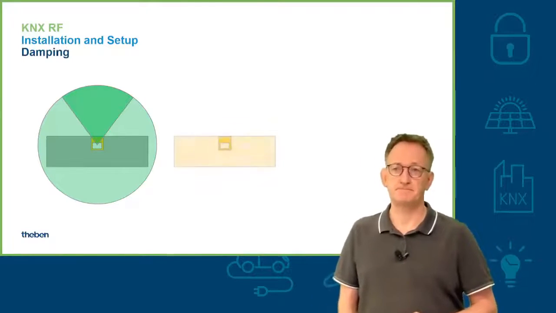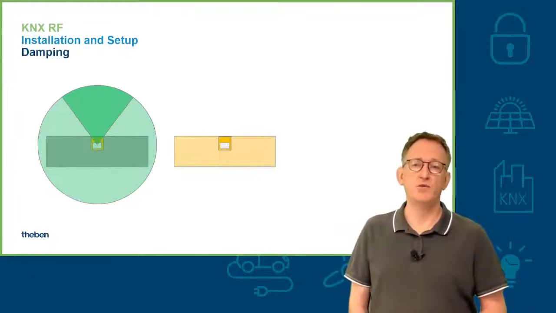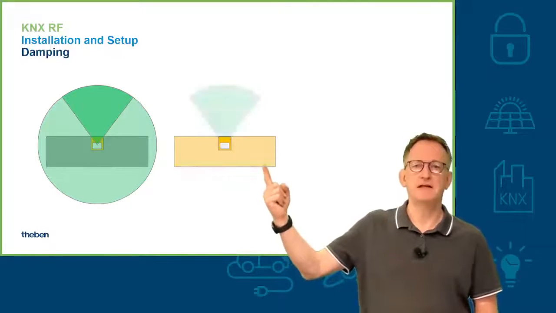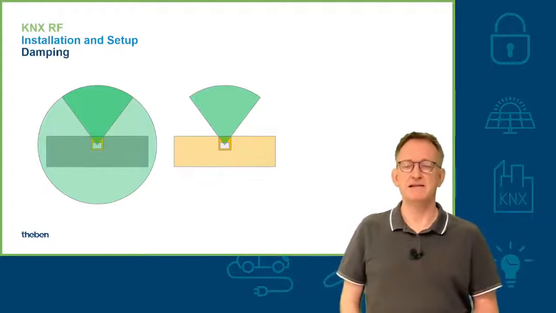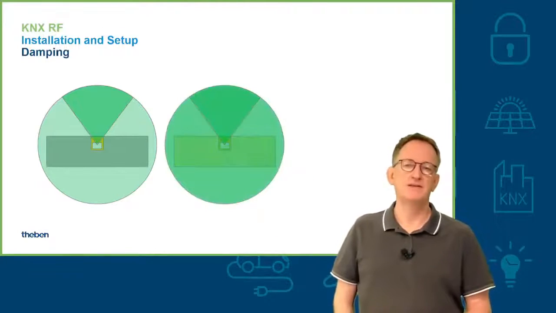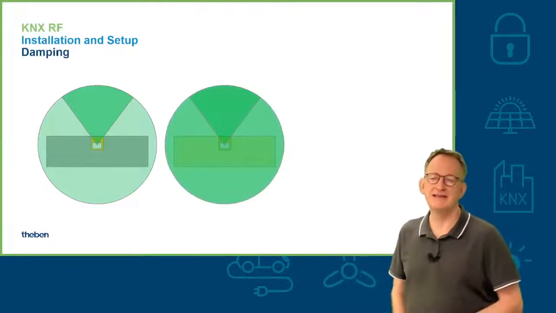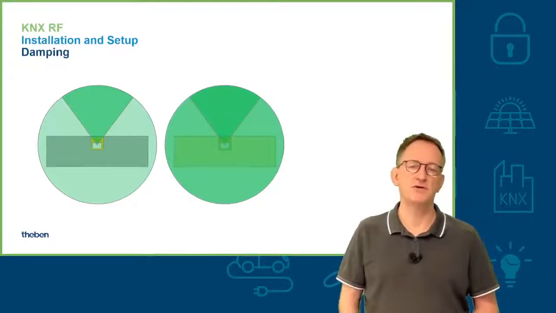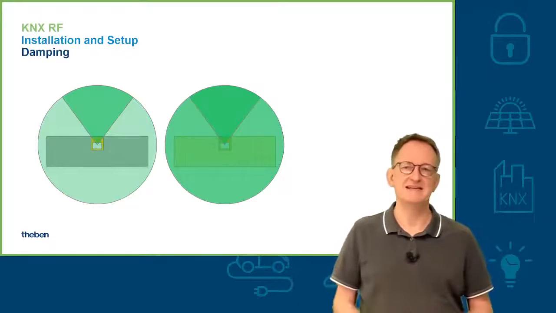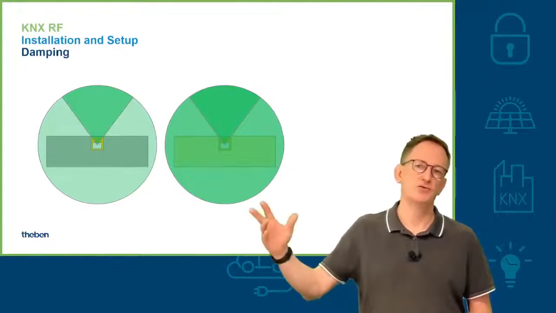So if you have a wooden wall, then it is very similar with the devices in front of it, but wood has a lower damping factor. So it will be possible to send the signal in a better way through the wall.